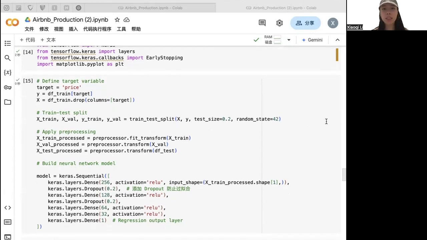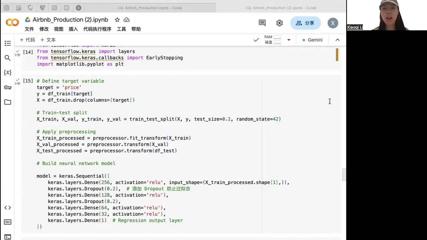And here, as you can see, for our model building, we use the Keras Sequential API to build a multi-layer MLP, multi-layer perceptron neural network model. And the model architecture is as follows.